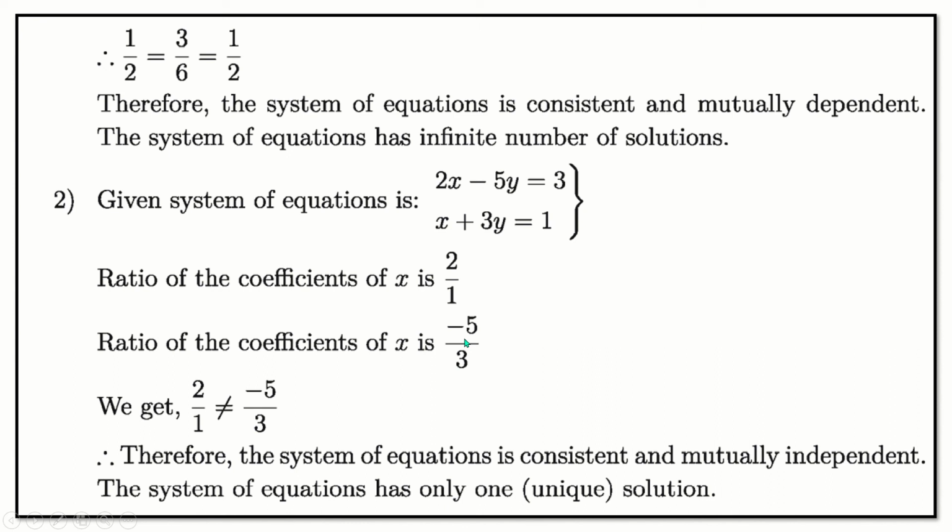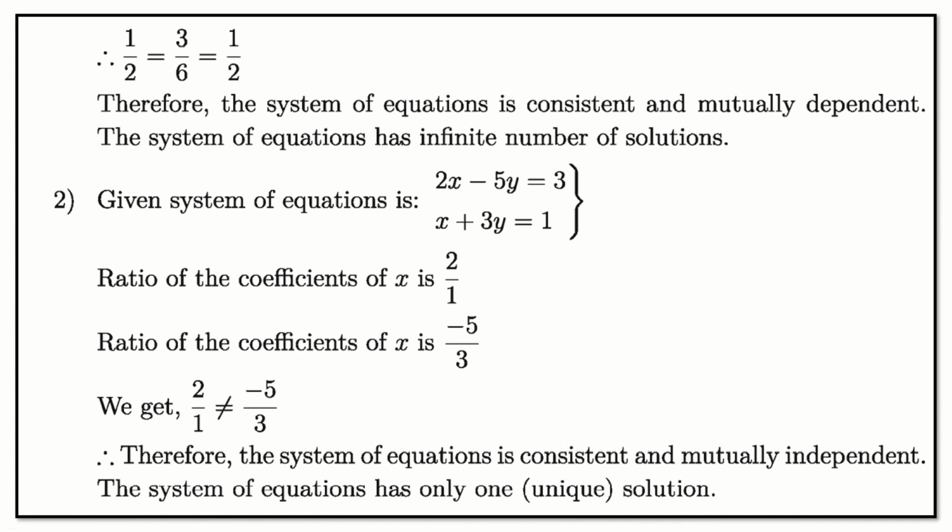Are this and this equal? No, that means they are not equal. If the ratios of the coefficients of x and y are not equal, we can say what? The first condition from the table: the system of equations is consistent, mutually independent, and a unique solution is present.